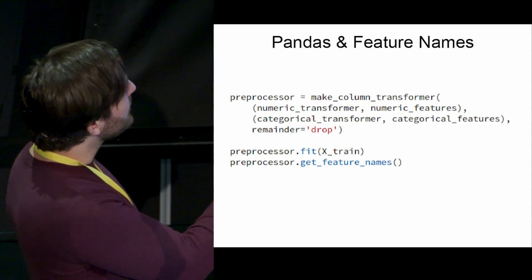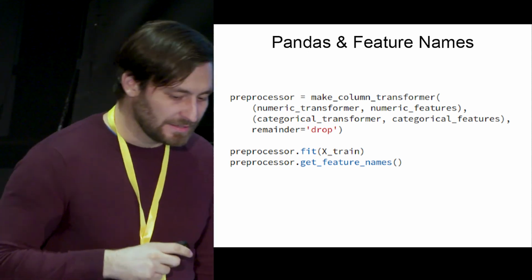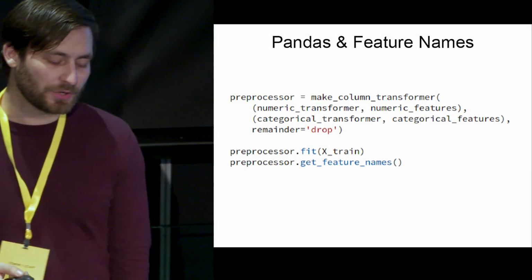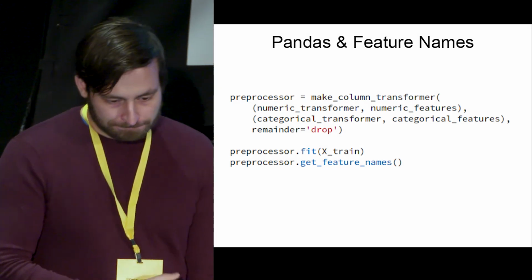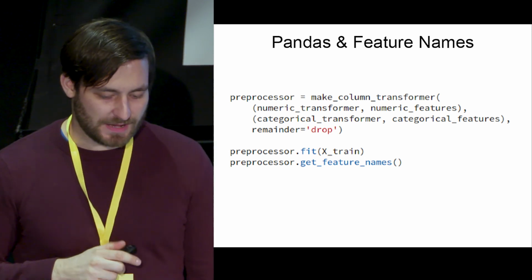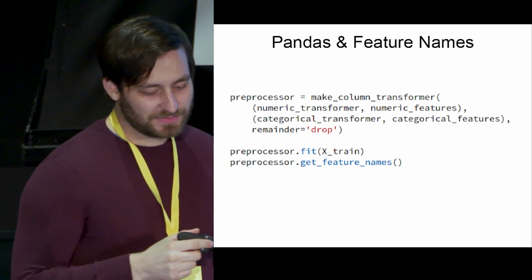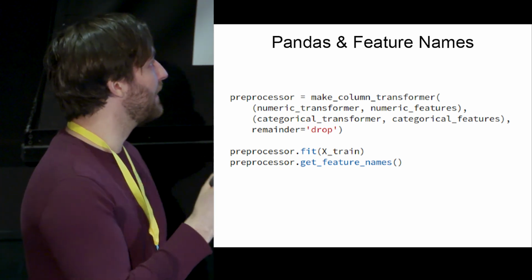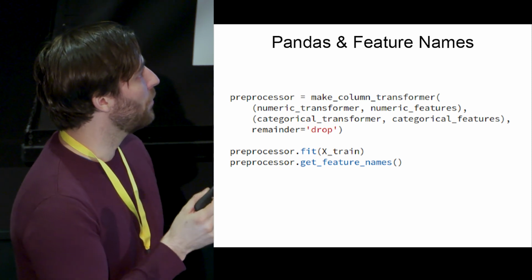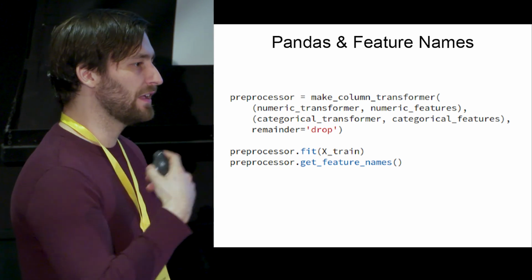And the final new feature that I'm working on right now is basically to integrate even better with Pandas. So I talked about this column transformer that allows you to apply different transformations to different subsets of the data. The problem is, once you fit a model, say I do my pre-processing here, and then maybe I do some logistic regression or something, I want to get my coefficients out.